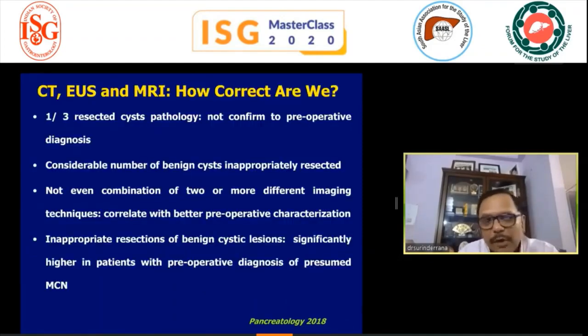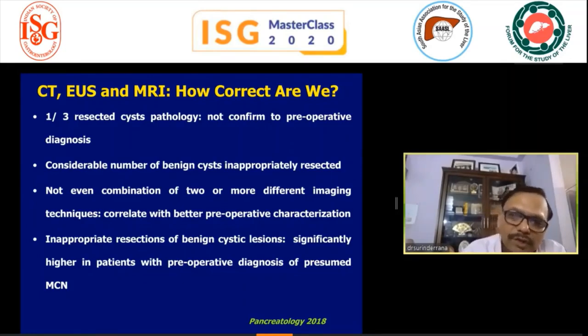But then despite all these flow charts and all these investigations, how correct are we? This was a study published in Pancreatology in 2018, where despite following all these protocols, one third of the resected cysts did not conform to the preoperative diagnosis. There were a considerable number of benign cysts which were inappropriately resected.